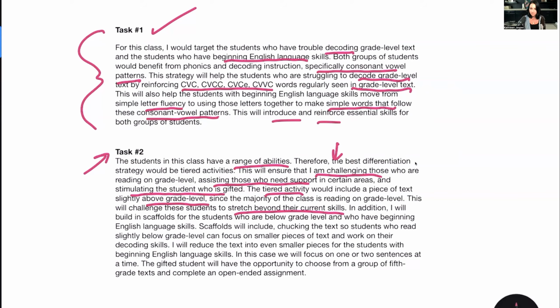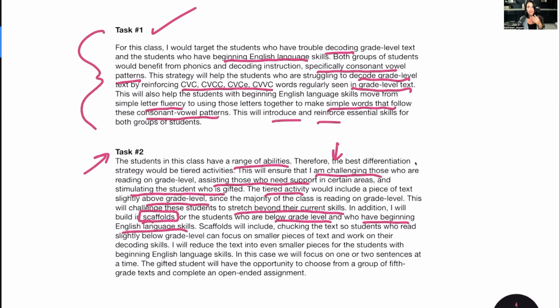In addition, I will build in scaffolds. You always want to use this word when we're talking about teaching reading. Scaffolds are important for the students who are below grade level. So I'm going to give this slightly above grade level text, but I'm going to build in some scaffolds and supports for those students who are having problems decoding, and also who have beginning English language skills.